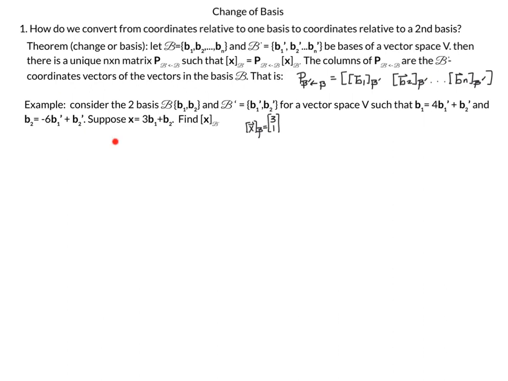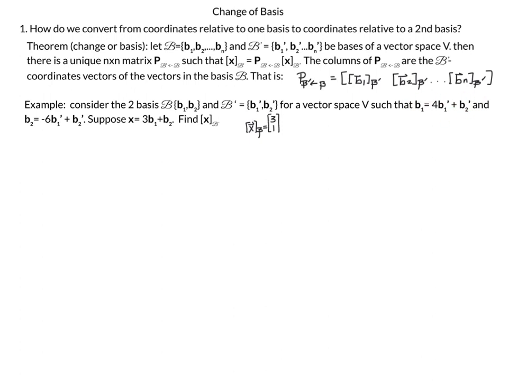We looked at this example here, but we'll do it in a little more detail now. Let's consider two bases, beta, which has vectors b1 and b2, and beta prime, which has vectors b1 prime and b2 prime for a vector space V. And we happen to know that b1 can be written as a linear combination of our B prime basis vectors: b1 will be equal to 4b1 prime plus b2 prime.